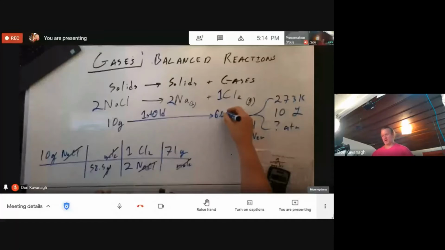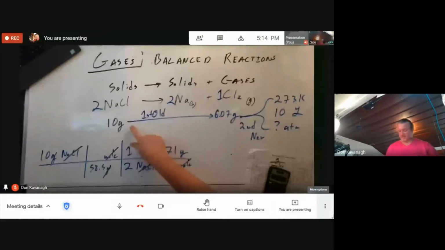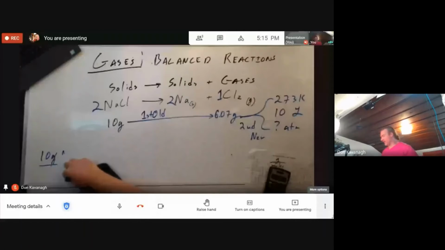So we did that whole first step just to now get into gas types of equations. Just like the previous gas problems we did in this chapter, when we're working with gases, we know that the ideal gas constant is fair game.